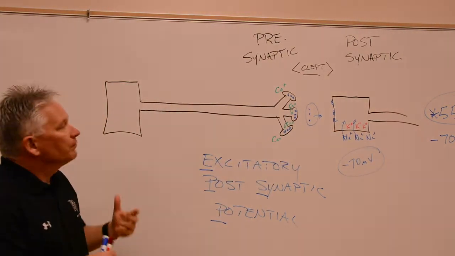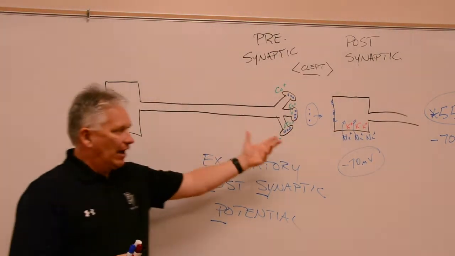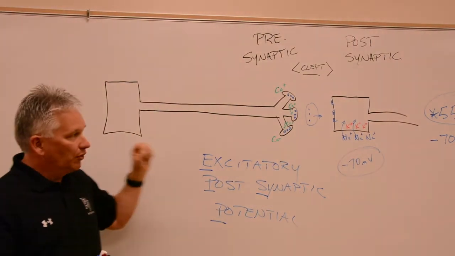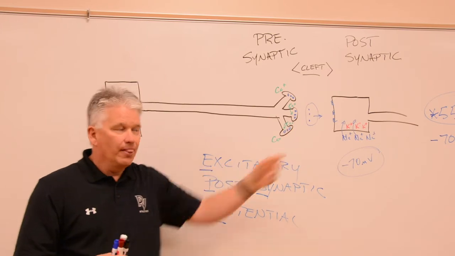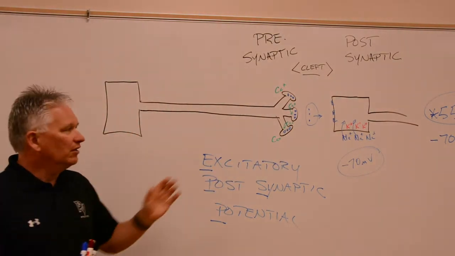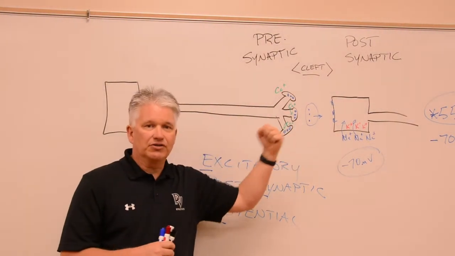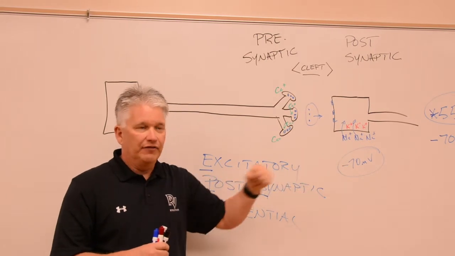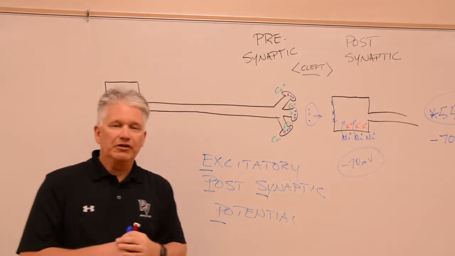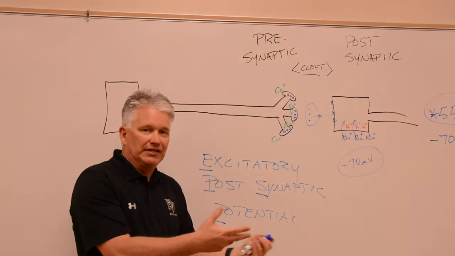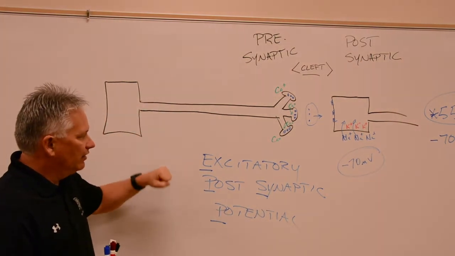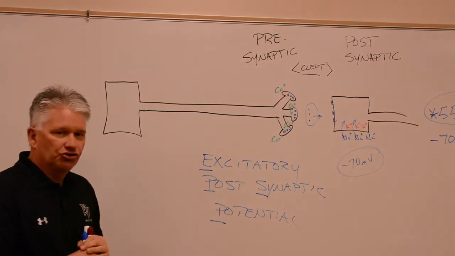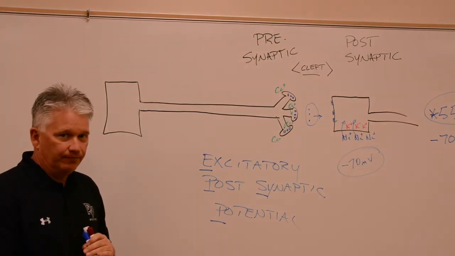And so sodium coming in, allowing us to hit threshold, is going to continue the signal down that second neuron. If we were talking about skeletal muscle, we would be talking about the skeletal muscle contracting. If we were talking about a gland, we would be talking about the gland releasing its product. Excitatory. Sodium coming in, causing that second structure to fire.